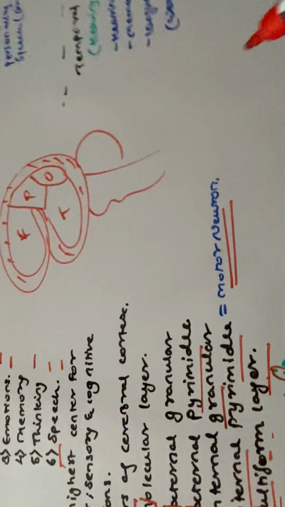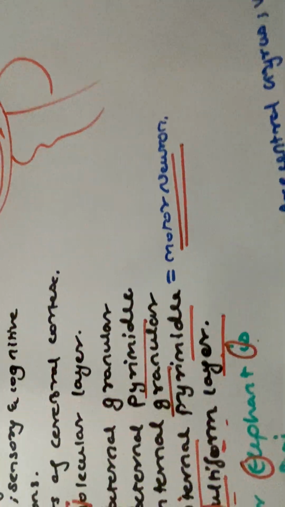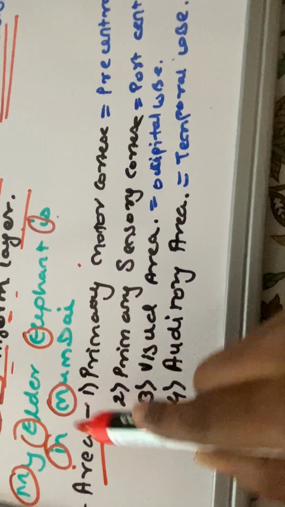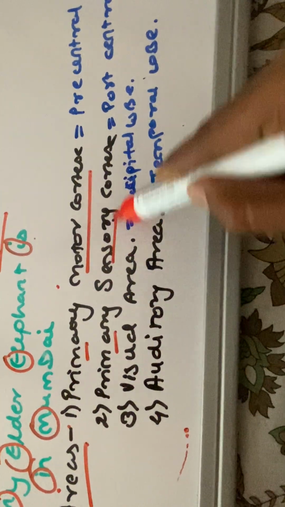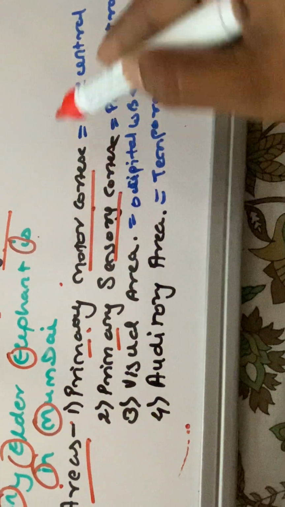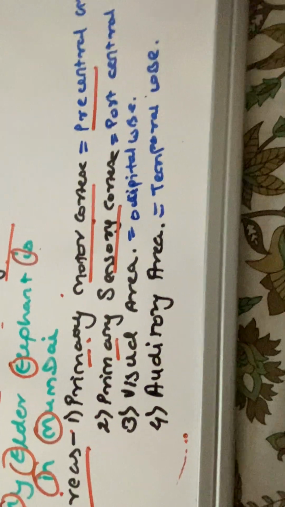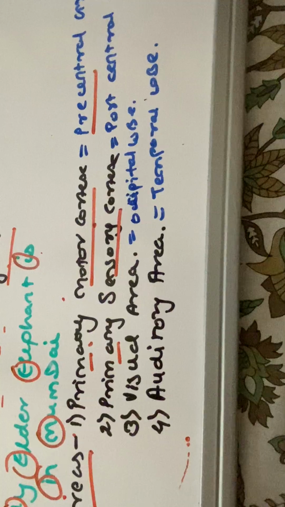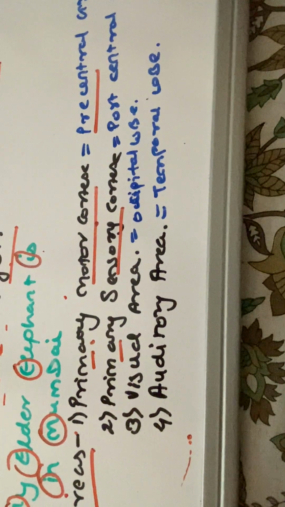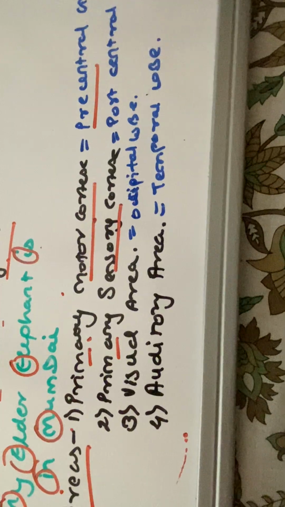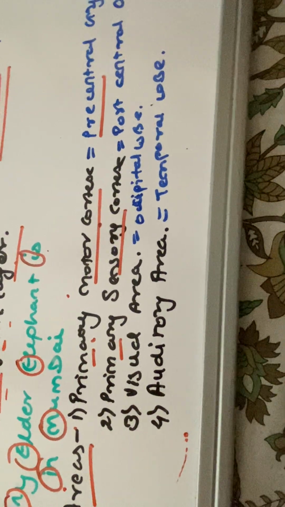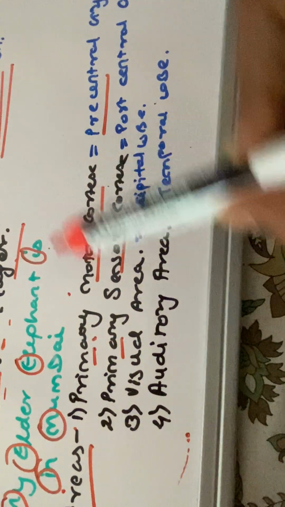Okay, so the areas names are primary motor cortex, primary sensory cortex. Primary motor is the frontal. Okay, all the voluntary movements and the thinking, planning, plotting, which does primary motor cortex.